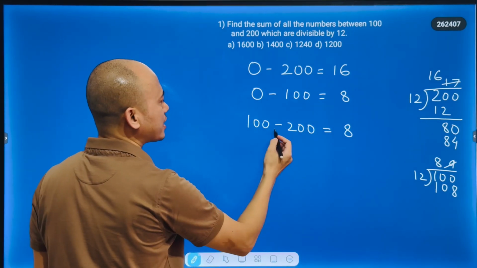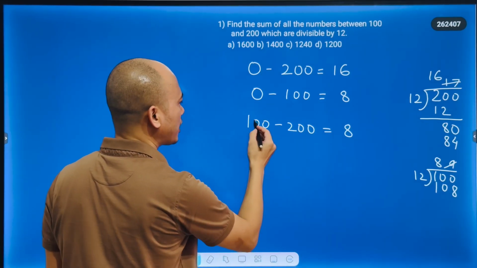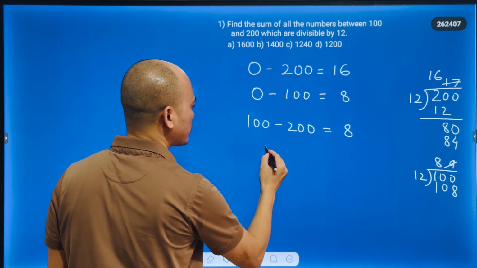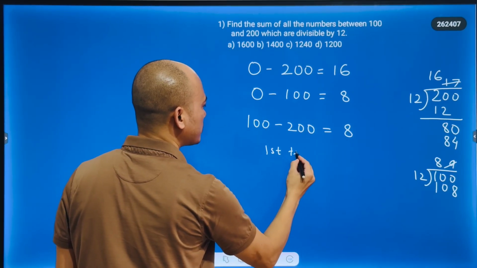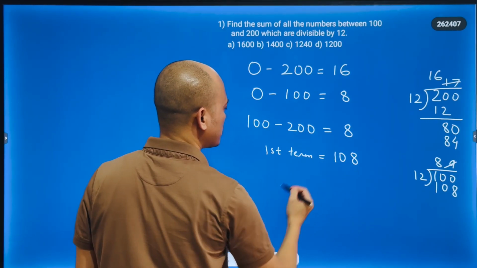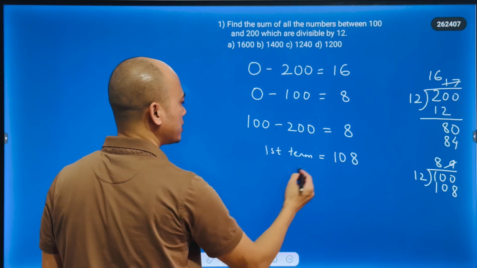Now, 12 8s are 96, 12 9s are 108, so the next number after 100 is 108. So the first term will be 108, which is divisible by 12, 12 9s are 108.